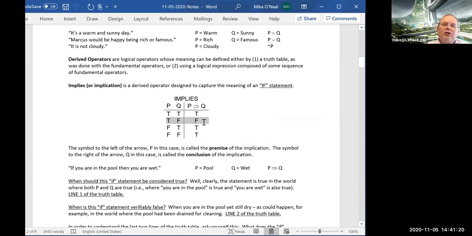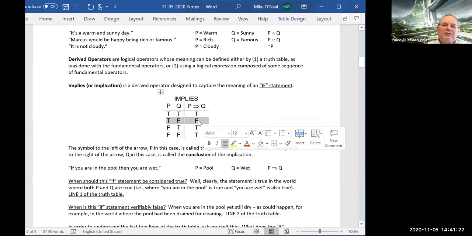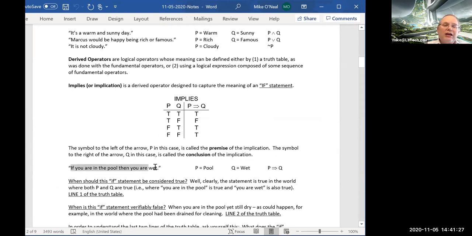We put an F here on the value of P implies Q because the statement is false in the case where you're in the pool, I'm in the pool, and I'm not wet. Then telling someone, if you're in the pool, then you're wet, and they're in the pool, but they're not wet, well, then that if statement wasn't true. You were either incorrect or you lied to them. Maybe you knew the pool was drained for repair, so you were lying, or maybe you didn't know that.